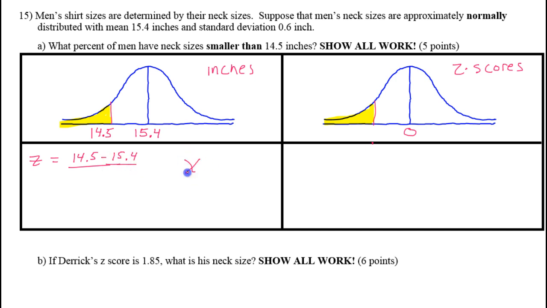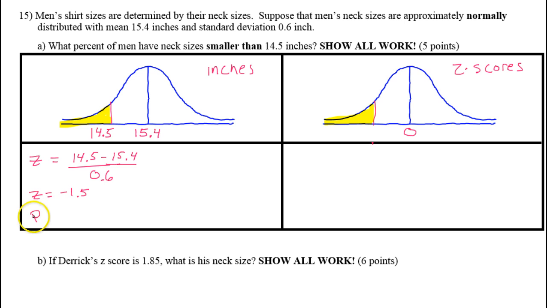Again, it's the value minus the mean. This X bar stands for the mean. So the order is very important. And then divided by the standard deviation, which was 0.6. Just put that in your calculator and see what the z-score is. Now I'm getting negative 1.5 for this z-score.